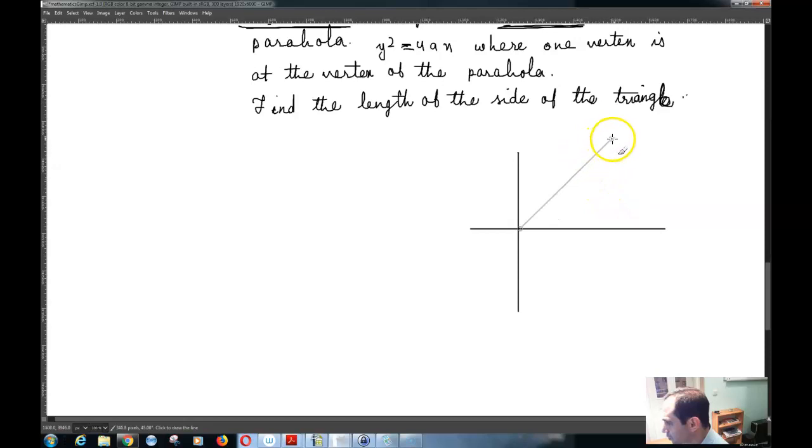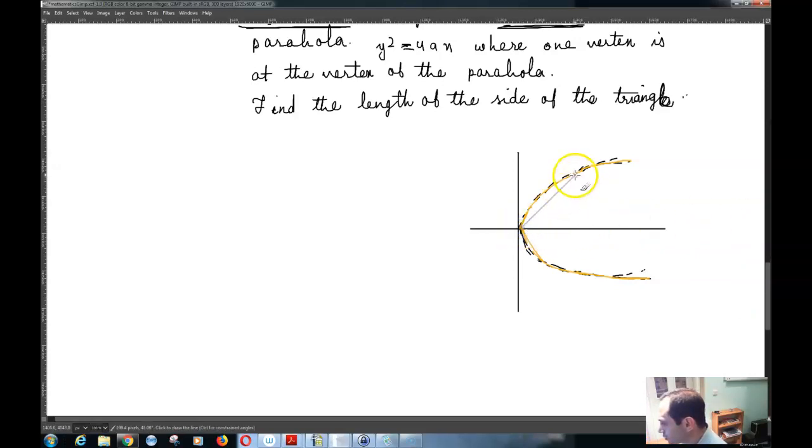So 1, 2, and 3, and 1, 2, and 3. Let's say that you have a parabola like this, and an equilateral triangle has been inscribed in this parabola.